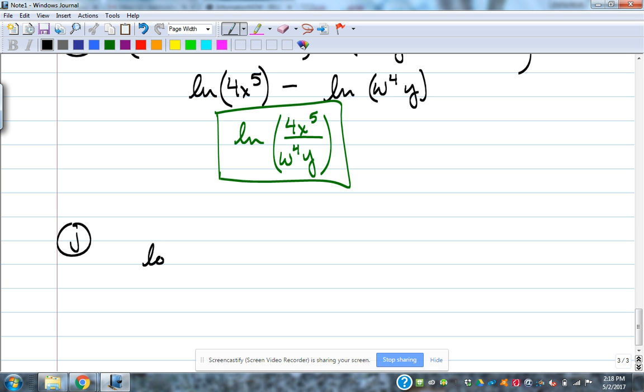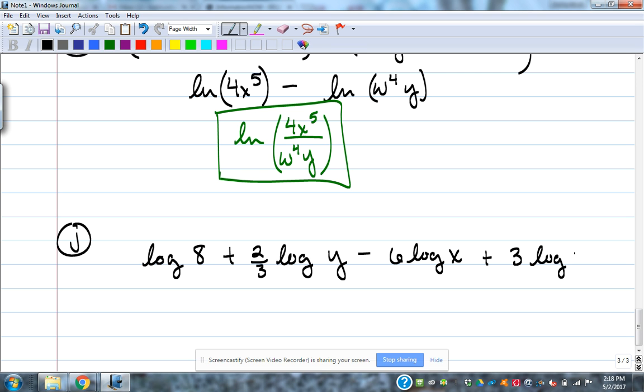So let's use log of 8 plus 2/3 log y minus 6 log x plus 3 log z.